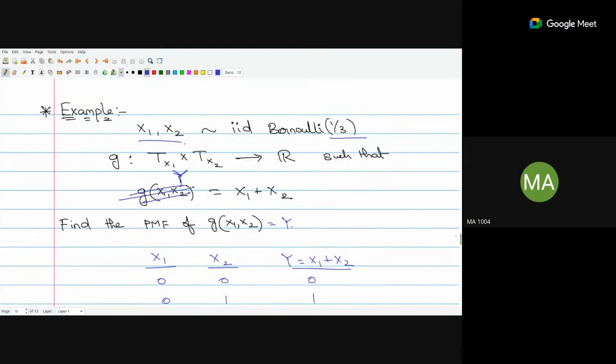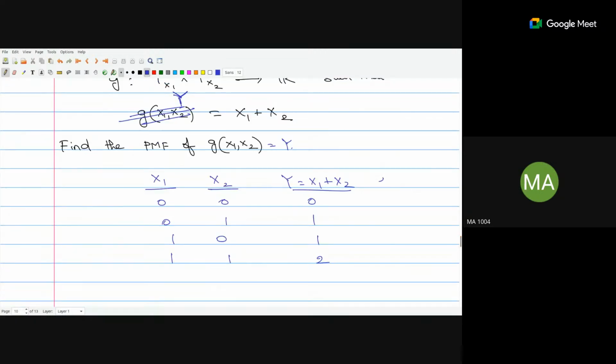And we have given they are IID Bernoulli 1 by 3. So what does that mean? x1 follows Bernoulli 1 by 3, x2 follows Bernoulli 1 by 3, and x1 and x2 are independent of each other. When they are independent, the joint f of x1, x2 will actually be the product of marginals.